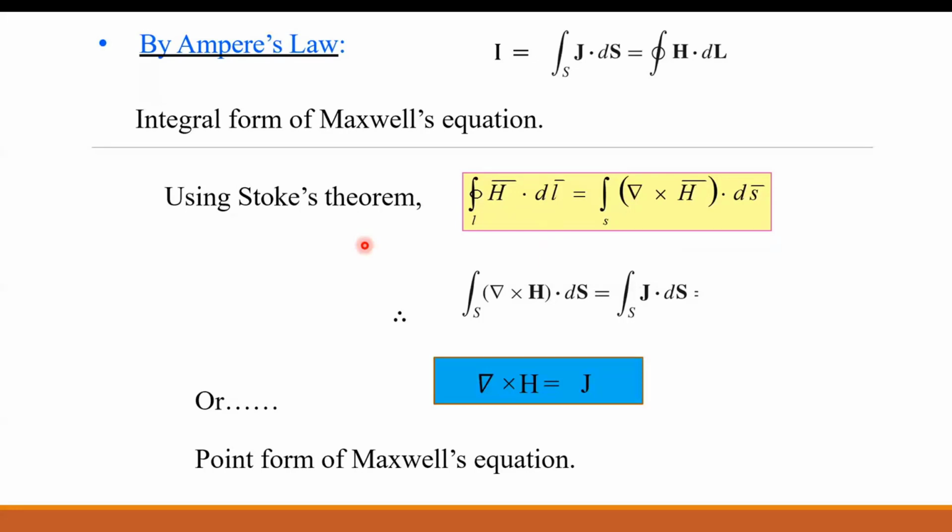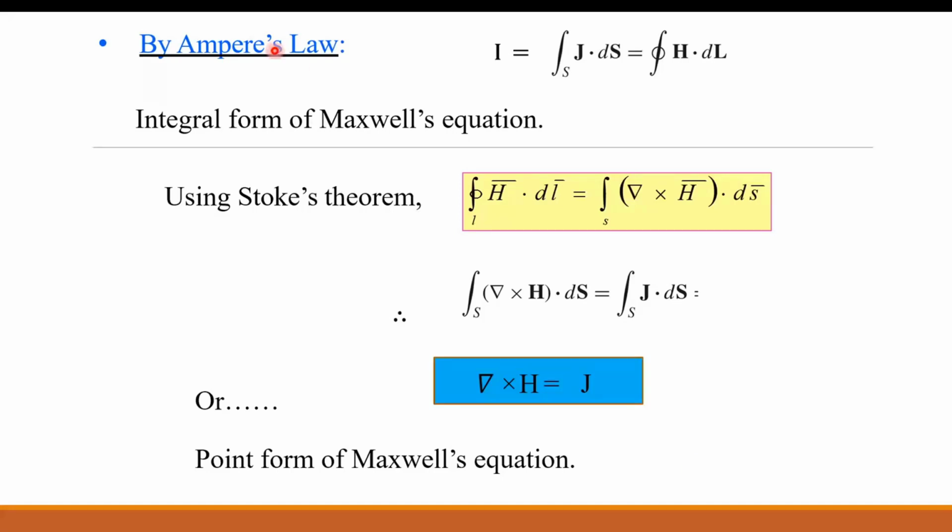If you equate equation numbers 1 and 2, then we get del cross H ds is equal to J ds. If you remove the integration because these are similar quantities ds, then we get del cross H is equal to J. This is the point form of Maxwell's equation derived from Ampere's law. One is the integral form and this is the point form.